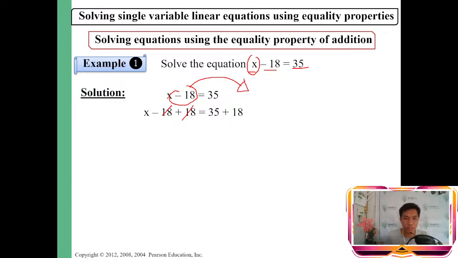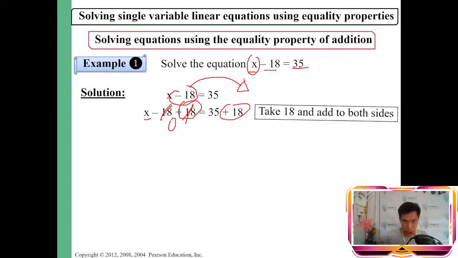Negative 18 plus 18 equals 0, so only x remains. Take 18 and add to both sides, so x is equal to 53.